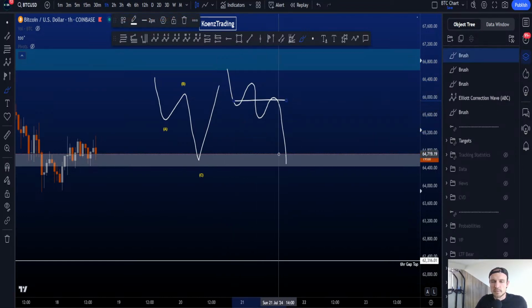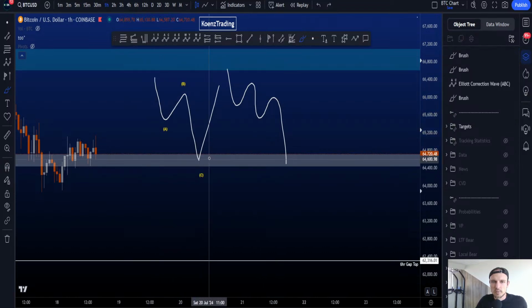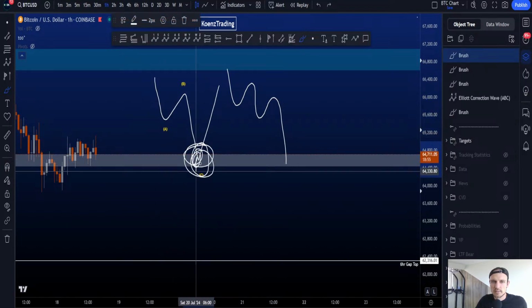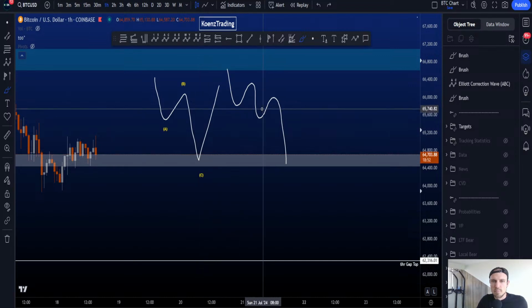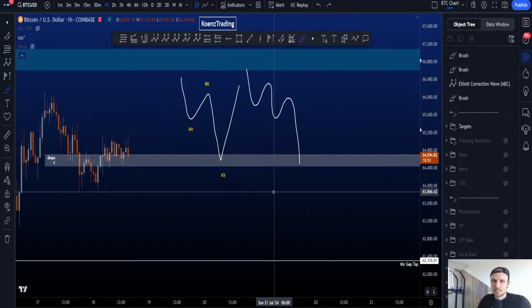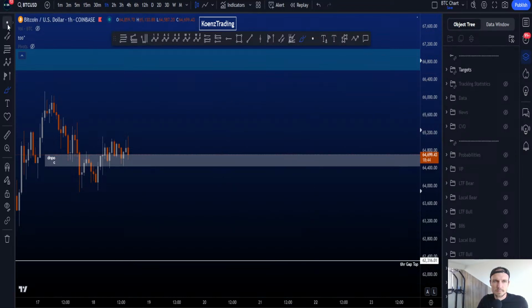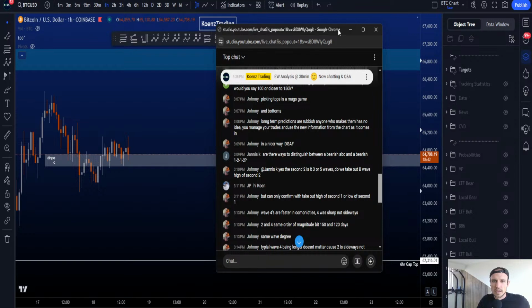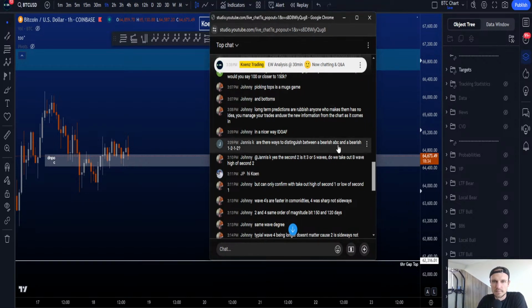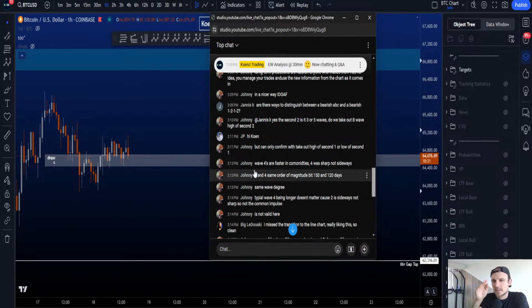In 1-2s, we preferably have overlap. In an ABC, you of course want to move down far, right? Far down. So, yeah. And most commonly in a double 1-2, your wave 2s are the same structure. The moment you see a potential 1-2-1-2 and both wave 2s have the same structure, then yeah, keep an eye on a double 1-2.